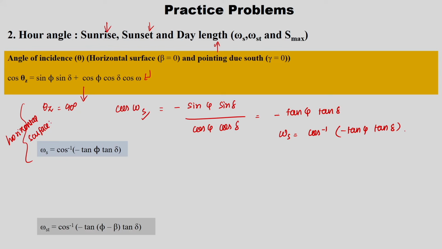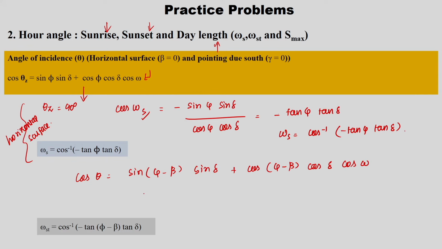If we want to calculate for a tilted surface, we know how to calculate cos theta, which is nothing but sine of phi minus beta sine delta plus cos of phi minus beta cos delta cos omega.